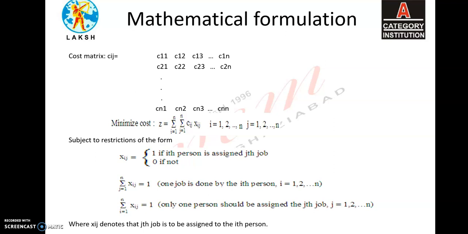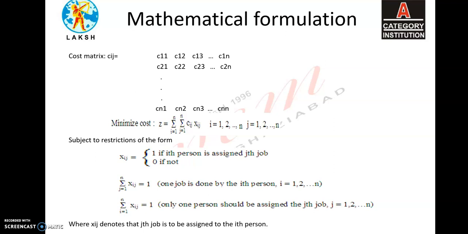Subject to restrictions, Xij has two conditions: one, if the ith person is assigned to the jth job, and 0 if not. Subject to the conditions, first, the summation over i equal to 1 to n of Xij is equal to 1, meaning only one person should be assigned to the jth job, for j equal to 1 up to n.